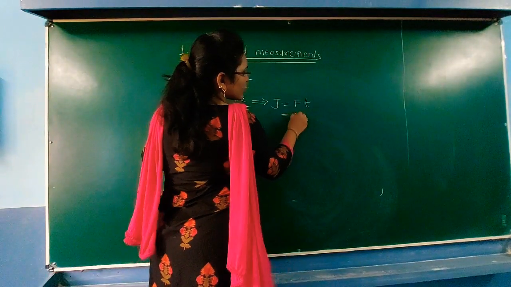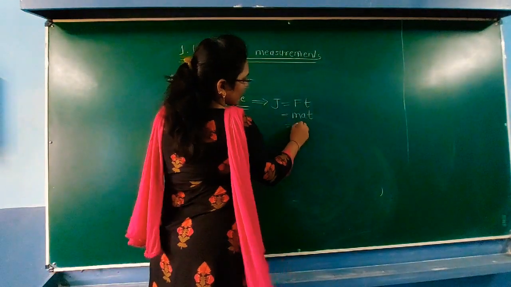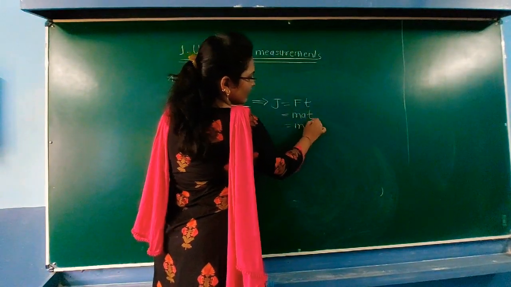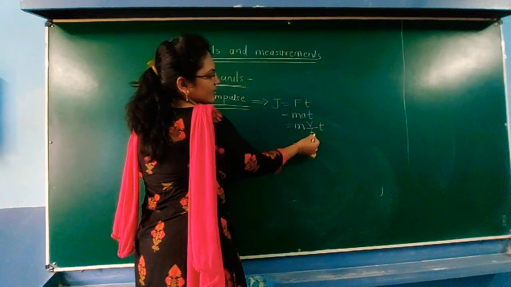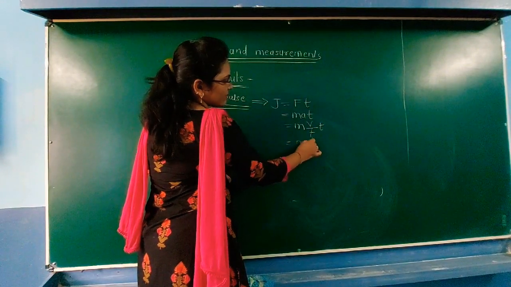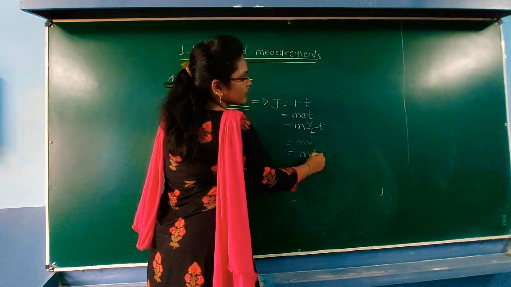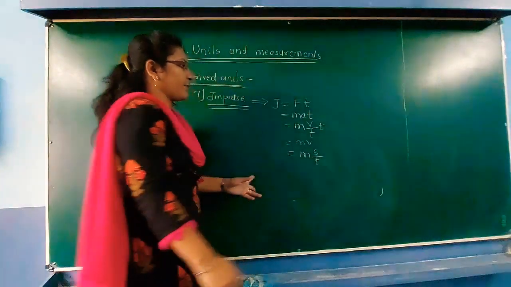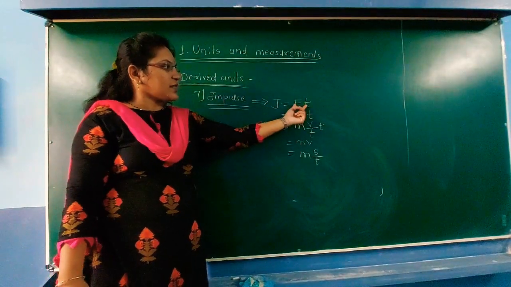What is the force? Mass into acceleration into time, which is equal to m into what is a? Acceleration is velocity upon time, into time. Then dt gets cancelled. It becomes mv. mv equal to m into what is velocity? Displacement upon time.